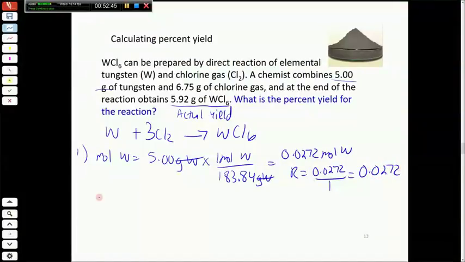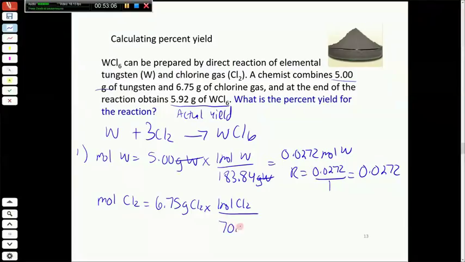We do the same thing for Cl2. We're told we're using 6.75 grams of chlorine gas. Its molar mass is just 2 times the atomic mass of chlorine, or 70.9. I didn't give you that number here, but you should know how to find it now.